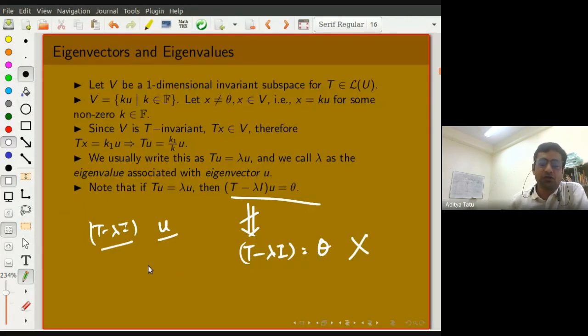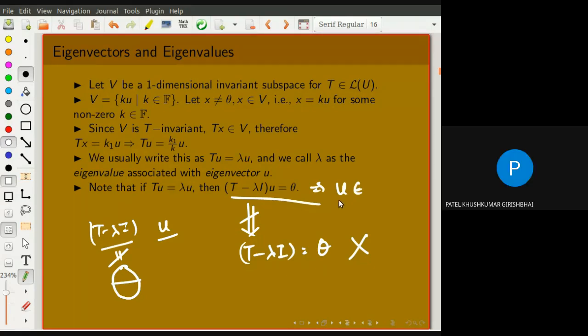Moreover, it is also not right that if u is not theta, this has to be the 0 transformation. Maybe I'll write it in this way. This also is not right. What this basically means is u is what sort of a vector? Non-zero, of course.